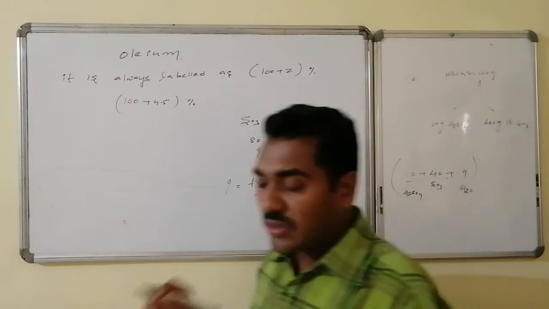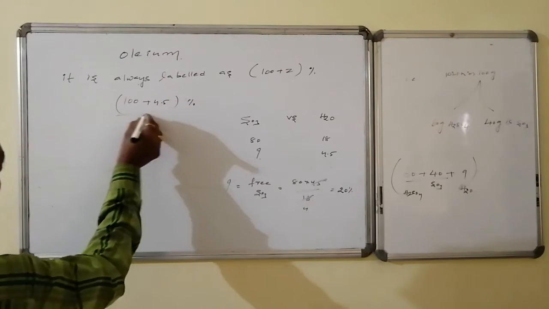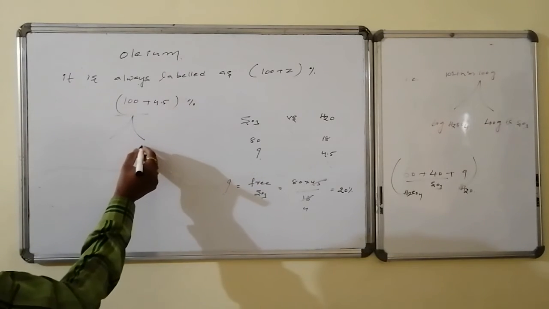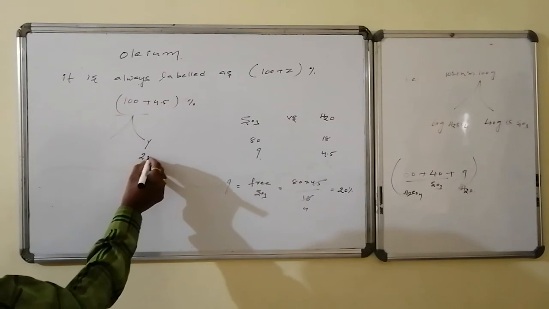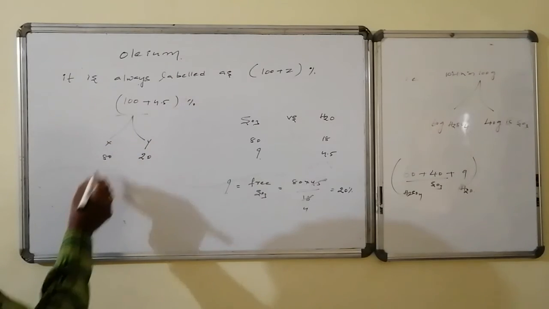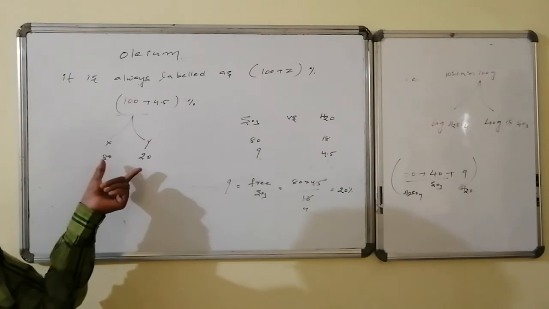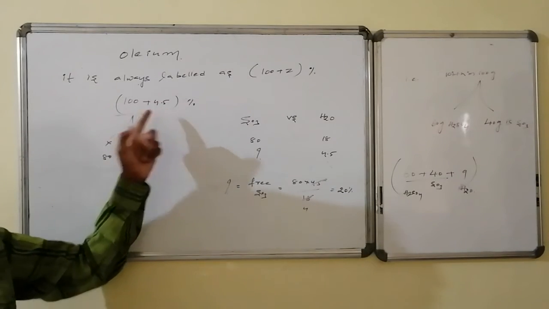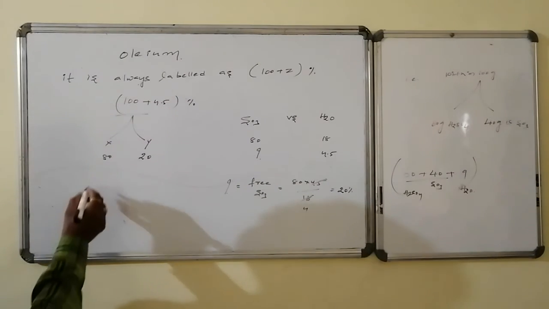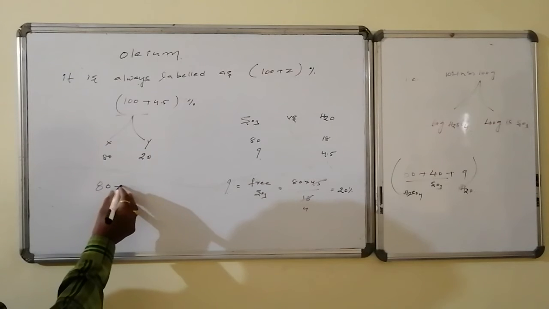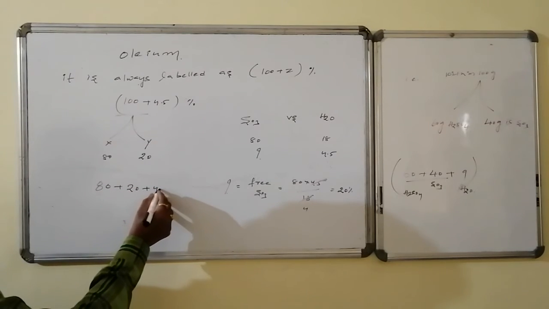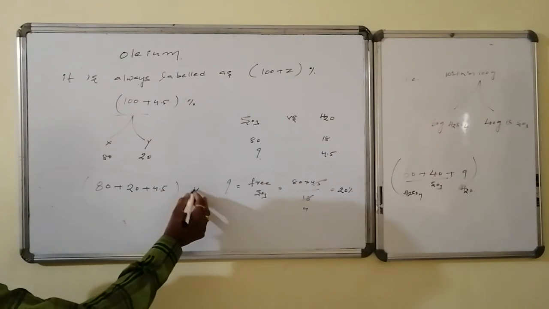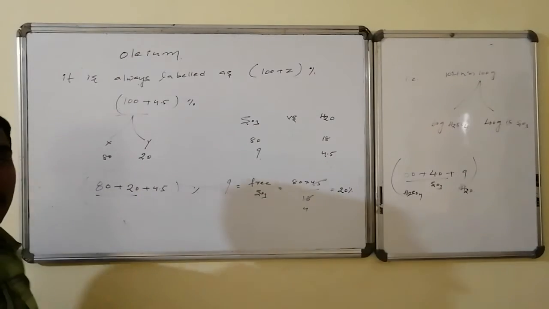So therefore, out of this 100, here Y is 20, whereas X is 80. If these are present in this combination, then Z will be equal to 4.5. So this is 80 plus 20 plus 4.5, that is 100 plus 4.5 percentage.